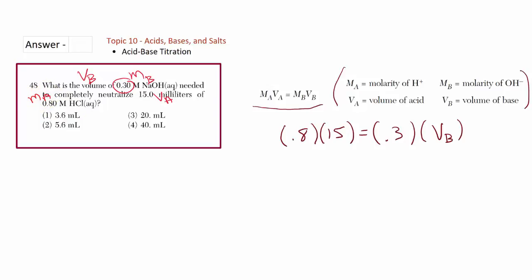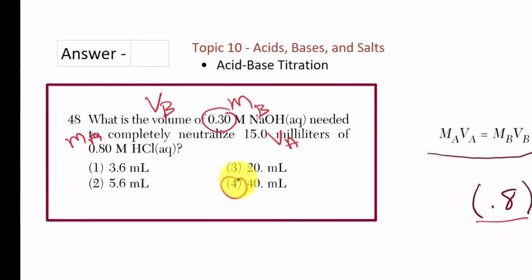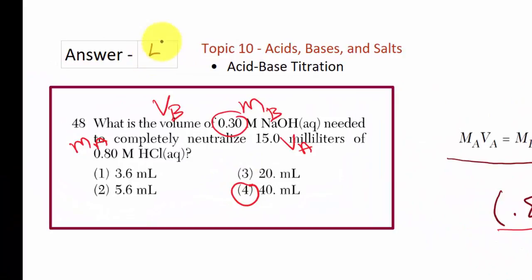Putting these values into the equation, we wind up with 0.8 times 15 equals 0.3 times the volume of our base. So 0.3 times the volume of the base is equal to 12. Dividing both sides by 0.3 gives us the volume of our base as 40. And the unit is milliliters. That's going to be answer number 4.